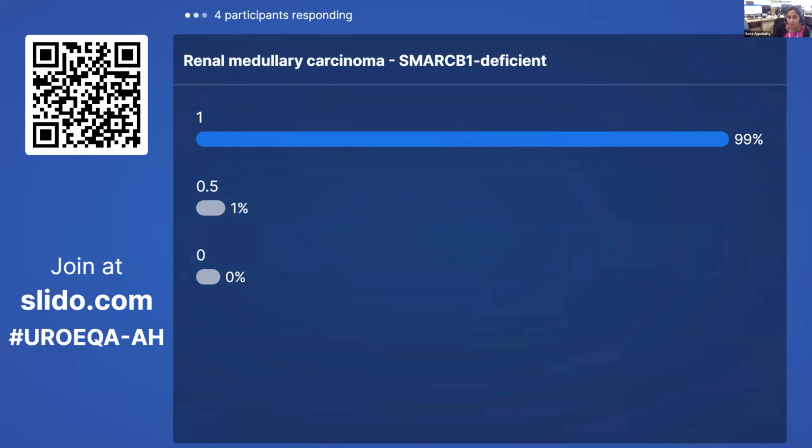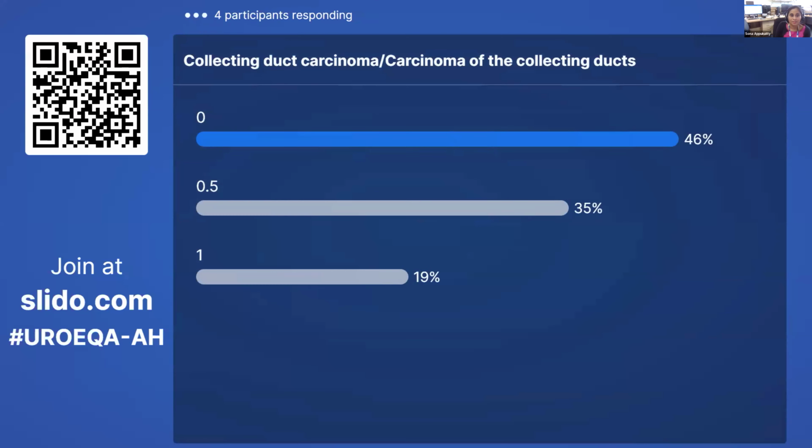We have renal medullary SMARCB1 deficient as 1, medullary-like 1, wonderful. Collecting duct. Oh, maybe we're less than generous here. Very strict.